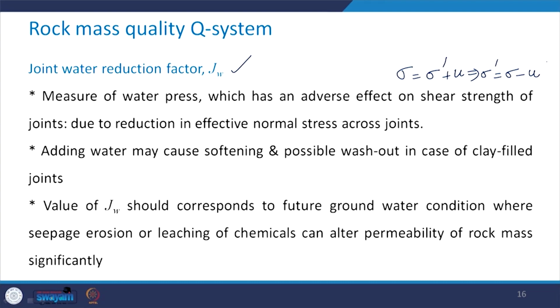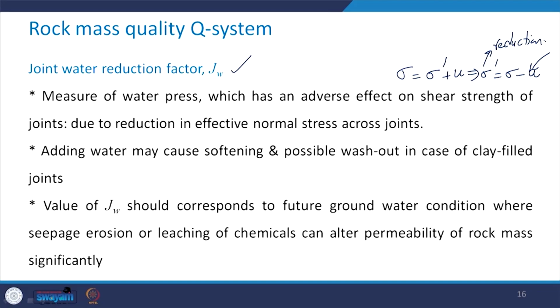So, when there is a presence of water, this pore water pressure will be large, and therefore this will reduce the effective stress, and because of the reduction in the effective normal stress across the joint, you are going to get a low value of shear strength.